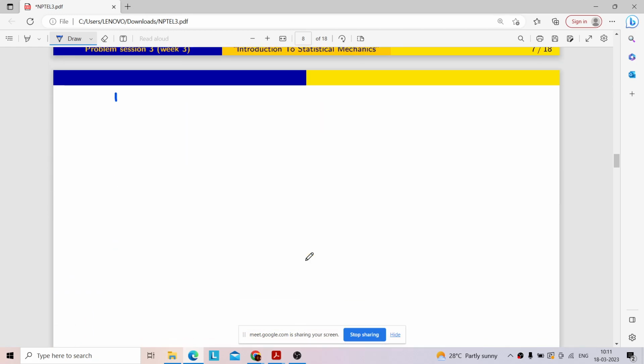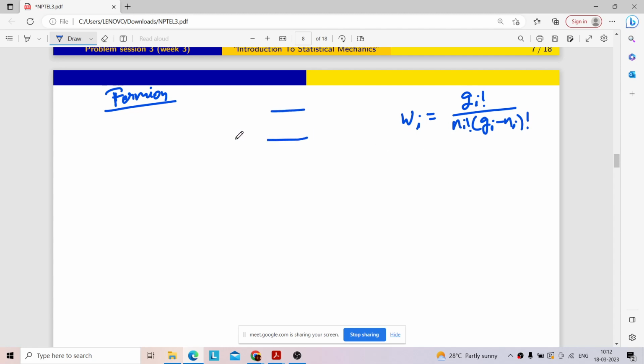Now let's come to fermion. So what is the distribution? Let me write on this side. Wi is gi factorial divided by ni factorial times gi minus ni factorial. So what is the question? We have two energy states E1 and E2 with degeneracies G1 equal to 2 and G2 equal to 3, and we have a total number of particles 3.